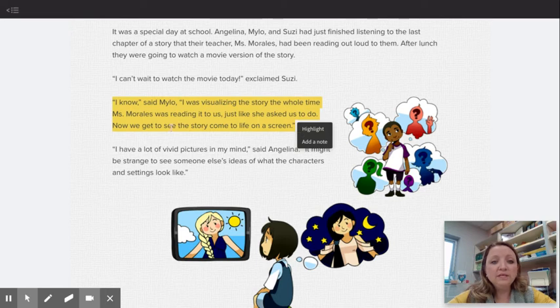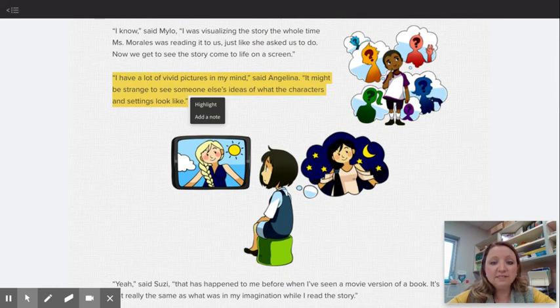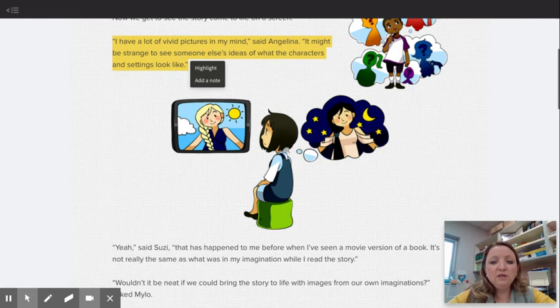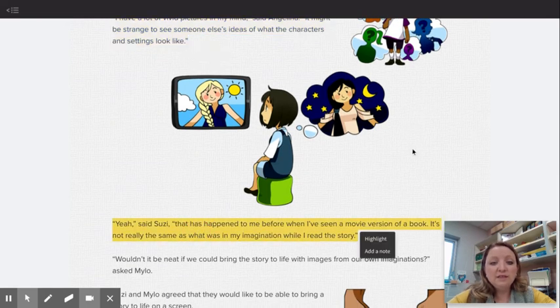Now we need to get to see the story come to life on a screen." "I have a lot of vivid pictures in my mind," said Angelina. "It might be strange to see someone else's ideas of what the characters and setting look like." "Yeah," said Susie. "That has happened to me before. When I see a movie version of the book, it's not really the same as what was in my imagination while I read the story."